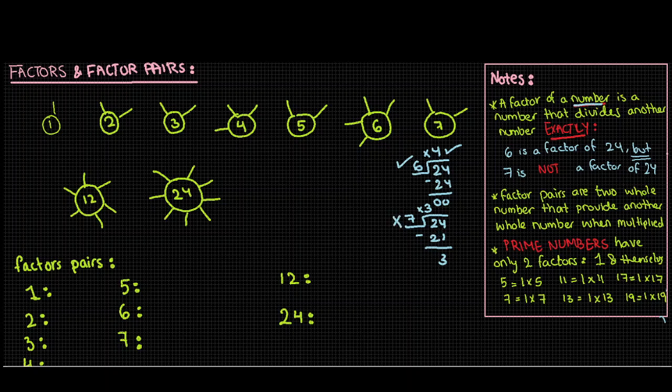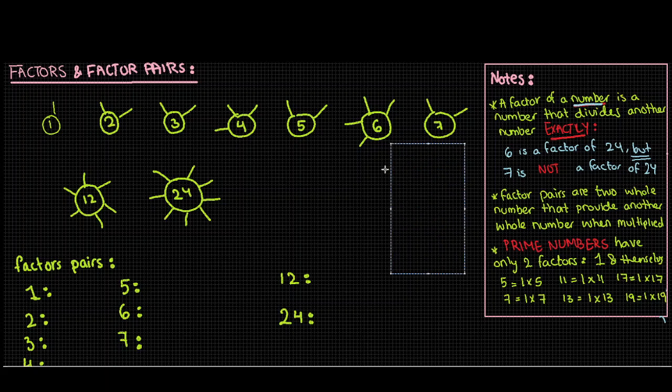Now let's have a look at the other numbers that we have. We have bubbles here, and we're going to write down the factors of the numbers. Let's first start by looking at number 1. 1 has only a single factor, and that is 1, because 1 times 1 gives us 1, and no other whole numbers that we multiply will give us 1.